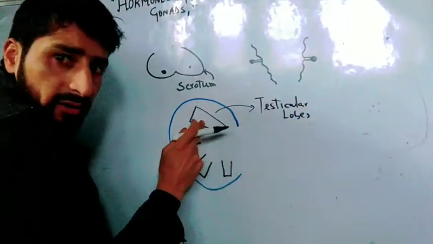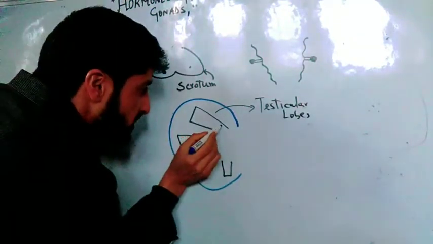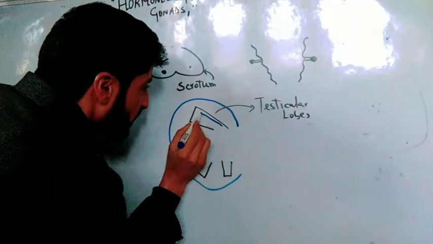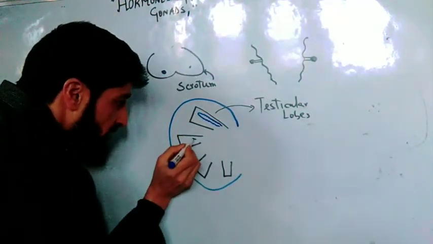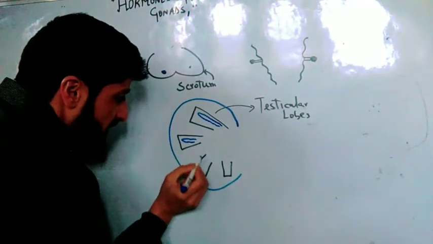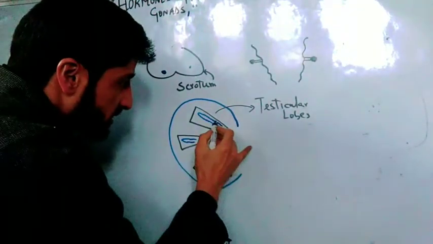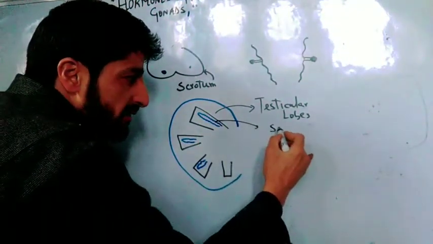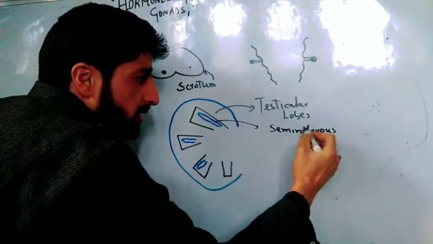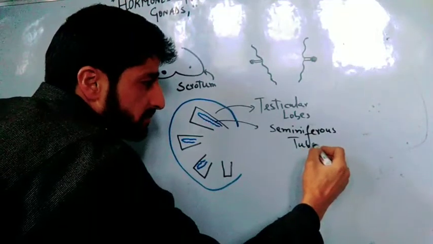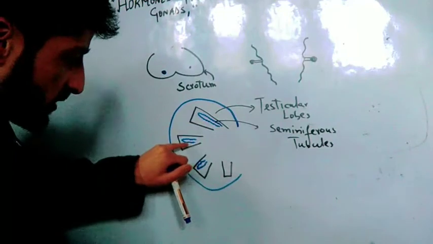Inside these testicular lobes, there are present highly coiled structures. These coiled structures are actually known as seminiferous tubules. These seminiferous tubules are responsible for sperm formation. These are actually sperm producing tissues.